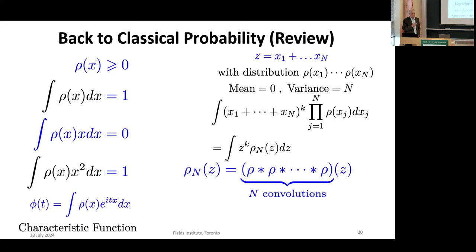And that's how convolution comes in. And we can consider the Fourier transform of the distribution rho n as phi sub n. That's the Fourier transform of the n-fold convolution.